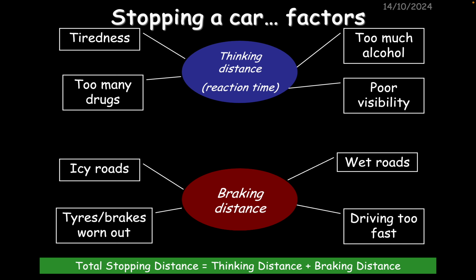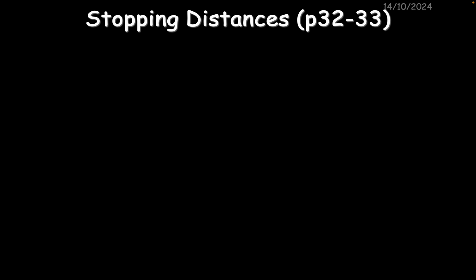For example, you don't just say the condition of the brakes affects the braking distance. You should say worn out brakes will increase the braking distance. So you don't leave it to the imagination of the examiner to consider whether he thinks you know what you're talking about or you've just got a very general answer. Be very specific in the way you communicate to get the marks.